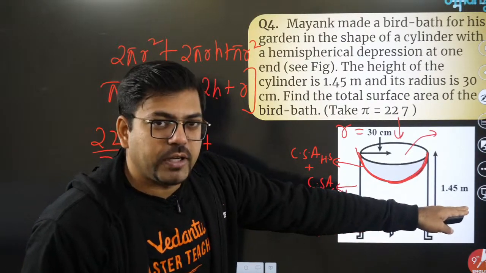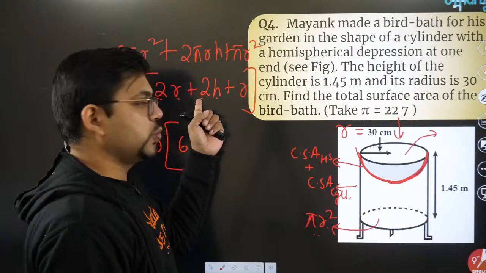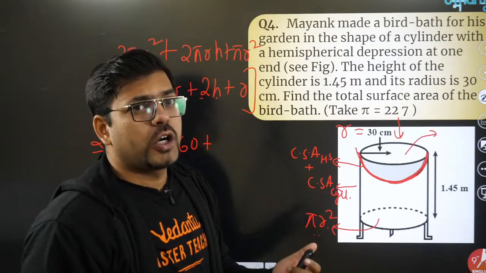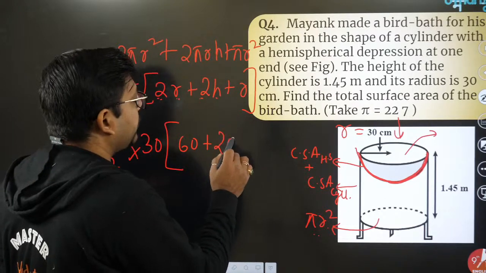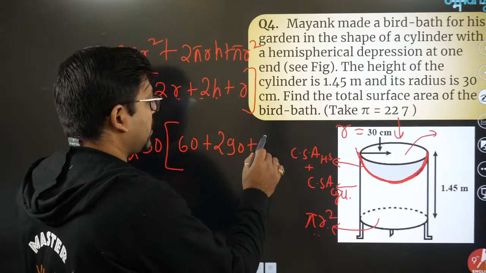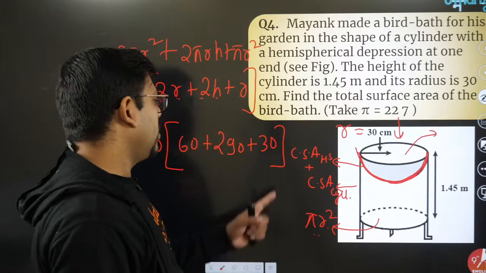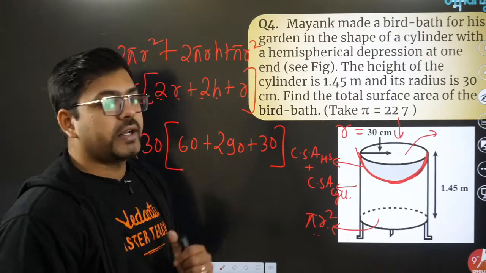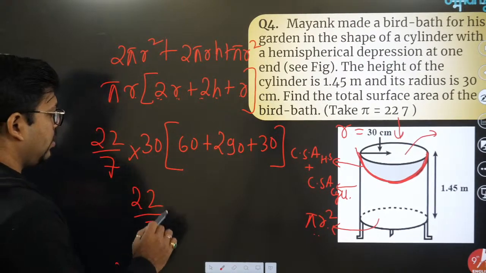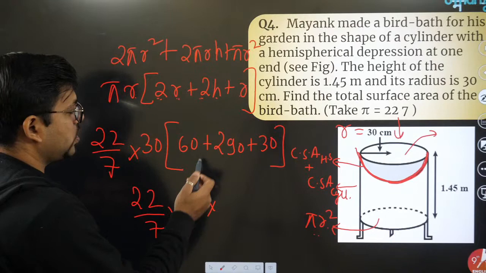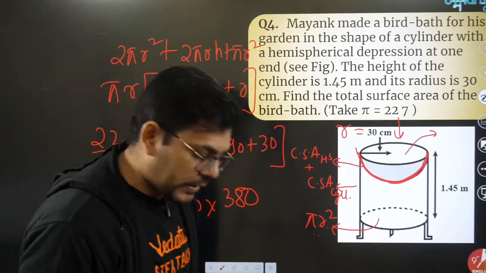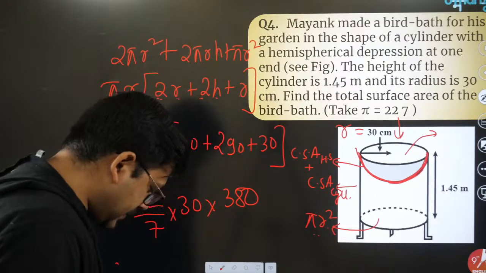So 2 into 145 should be 290, and then plus radius, which is again 30. So 290 and 90 is 380. Hence you get 22 by 7 into 30 into 380. Now you have to calculate it and get the right answer.